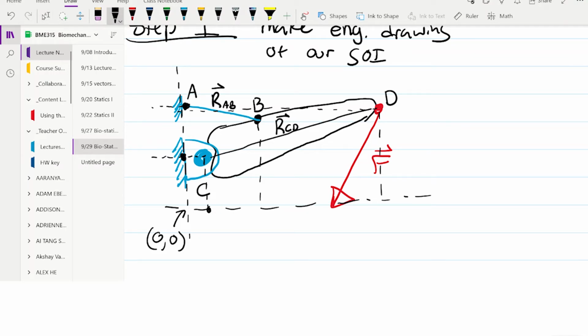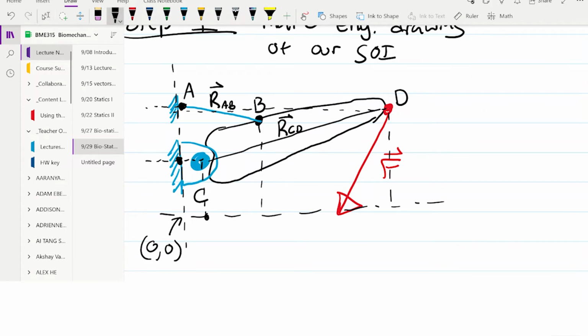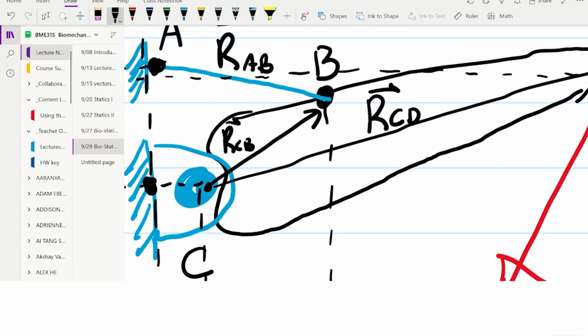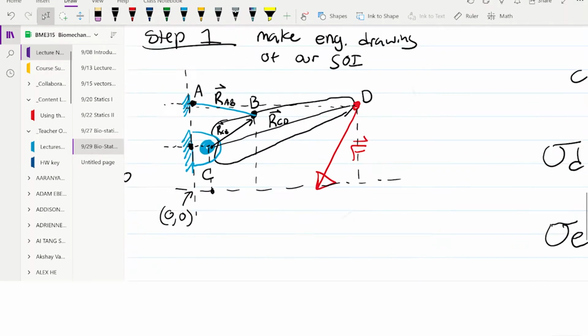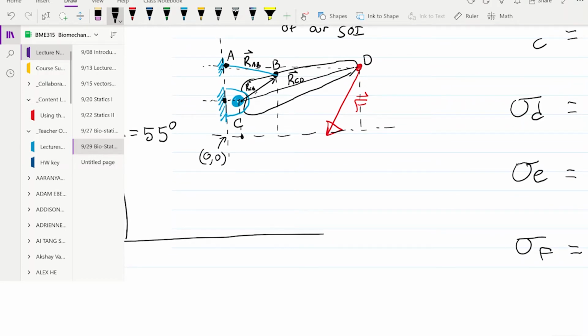And in fact, if they're already in vector form, or I give them to you in vector form, that's even better, because wait, we need one more. We need C, B. If I give them to you in vector form, you don't have to do any transformations. If I give you RCB, I'm giving you the distance from C to B in this direction and C to B in this direction, right? That's basically what that vector would be.